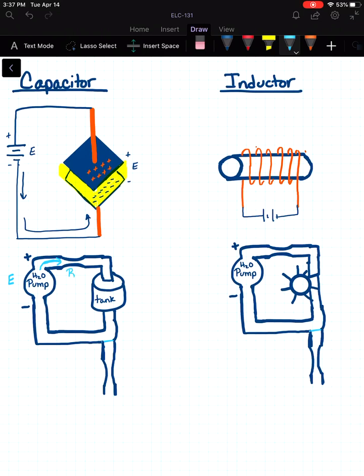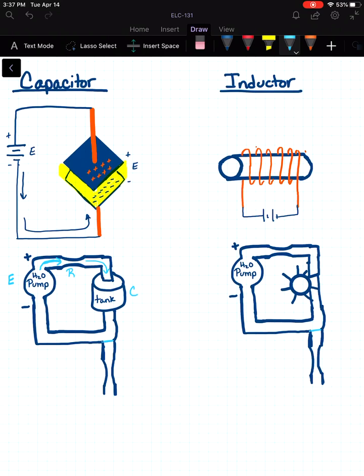This is like a resistor in our circuit. So that's going to control the flow rate of that water. And then the water will fill up this tank, which is a little bit like how our capacitor is going to act in the DC circuit.